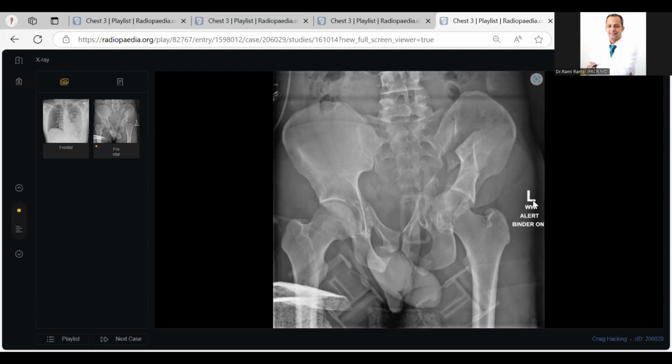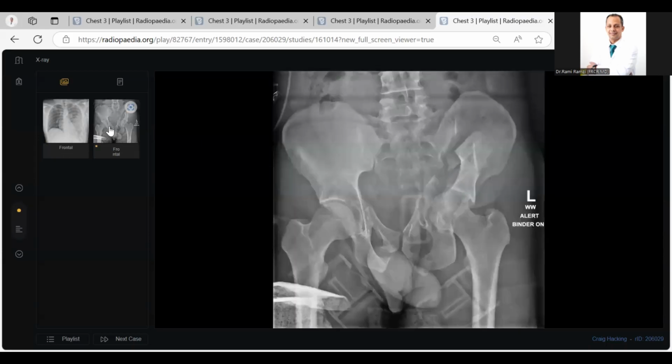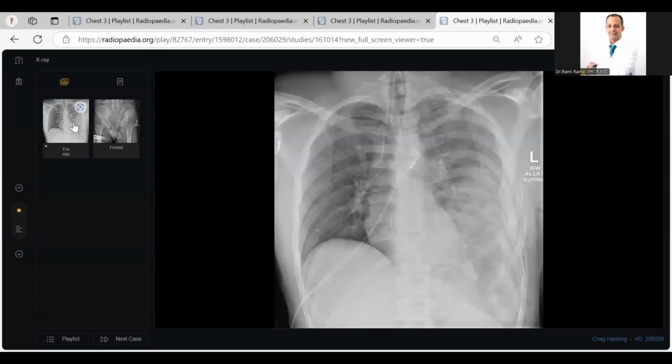There are multiple fractures involving the left hemipelvis, as well as the right inferior pubic ramus, and also the acetabulum. I think the iliopectineal line on the right side is also slightly interrupted. Two hours ago, the patient developed severe dyspnea.